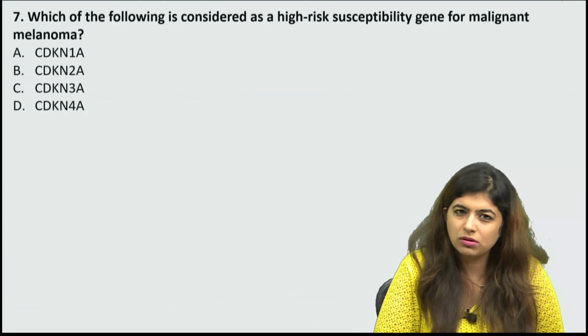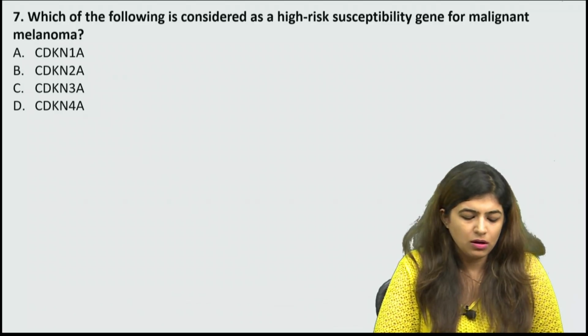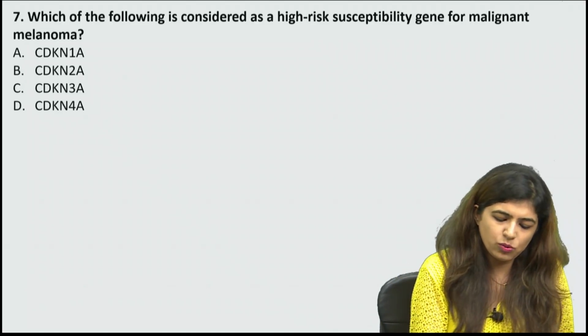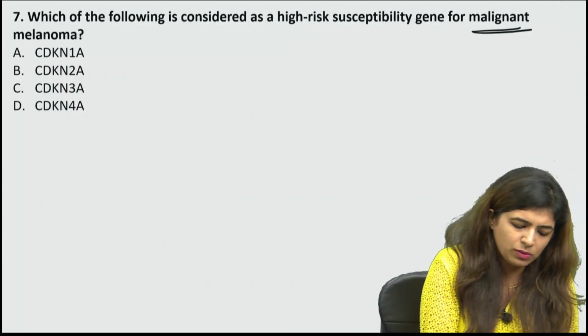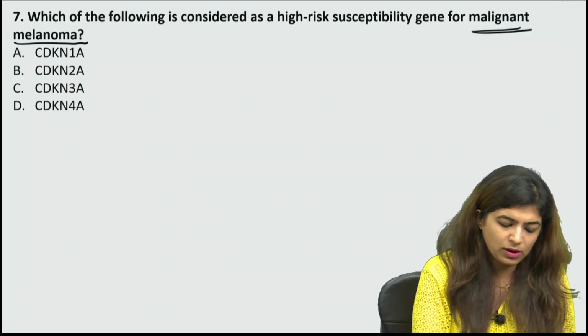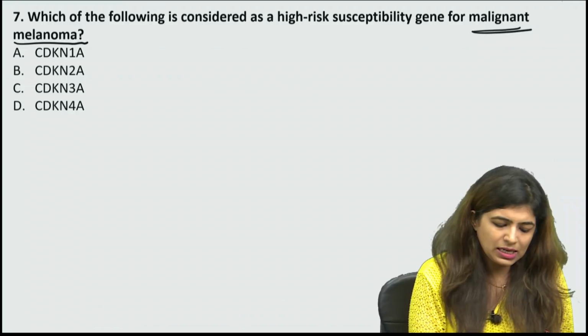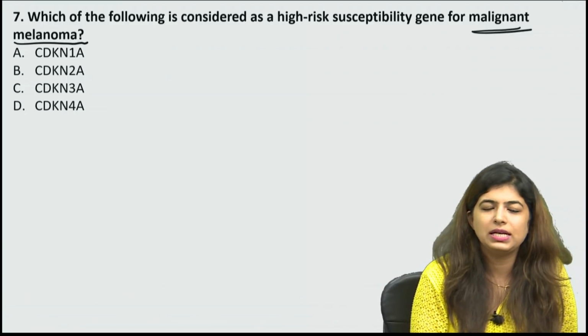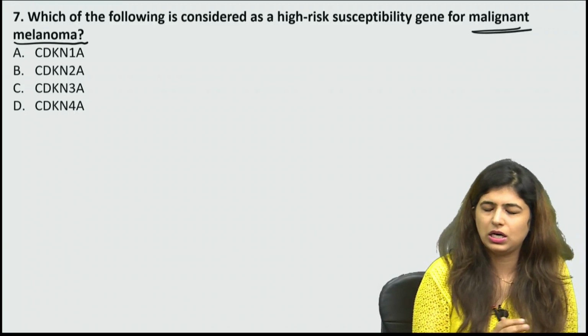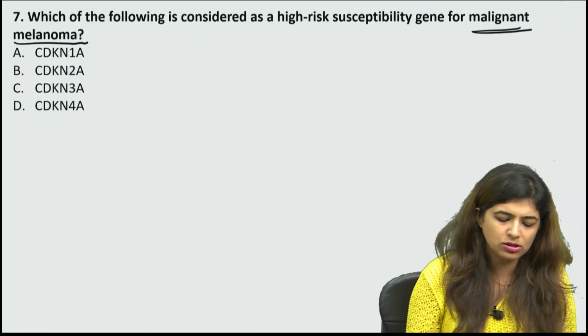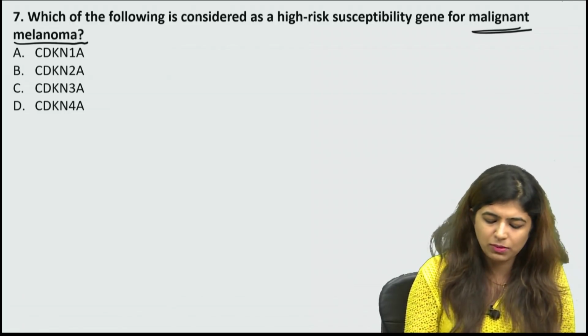So it's an important question as it is dealing with a not so studied tumor, malignant melanoma. Now whether it is CDKN1A, 2A, 3A, 4A, a totally fact-based question, nothing much to explain for me here.